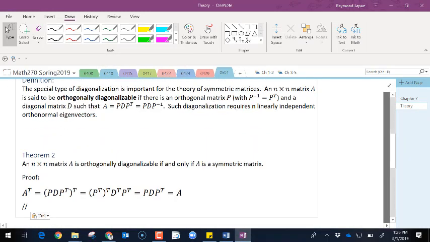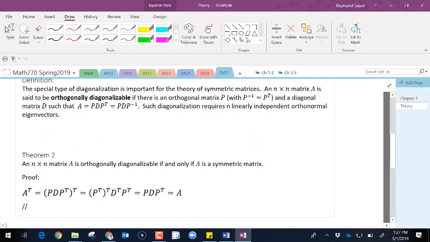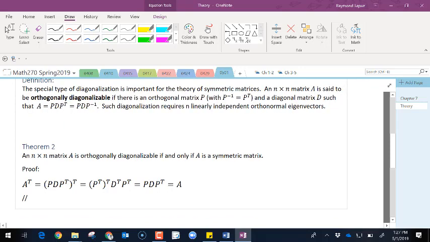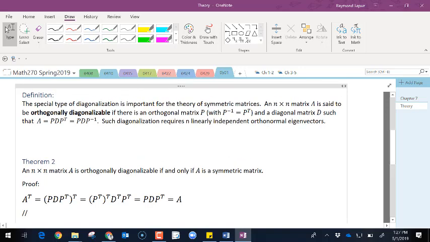Another theorem or definition. We talked about orthogonally diagonalizable already, right? This is just to show that it's orthogonally diagonalizable if your P matrices are orthogonal, orthonormal matrices. So a special type of diagonalization is said to be orthogonally diagonalizable if there is an orthogonal matrix P and a diagonal D such that this is going to be true.